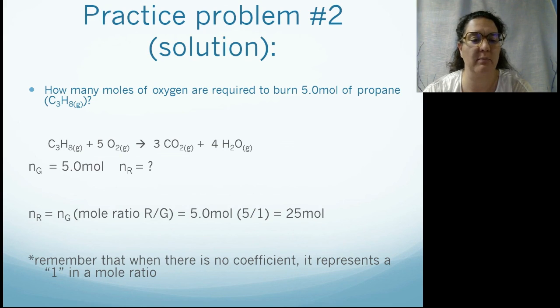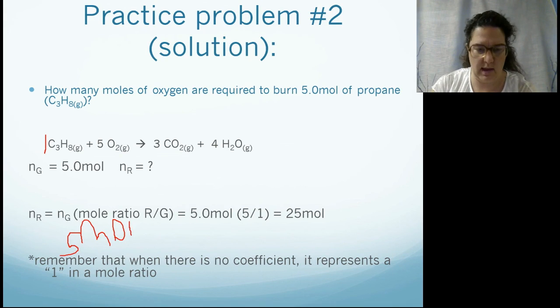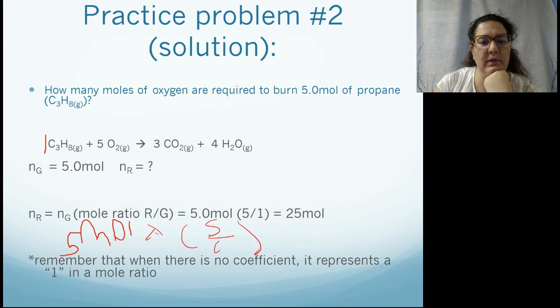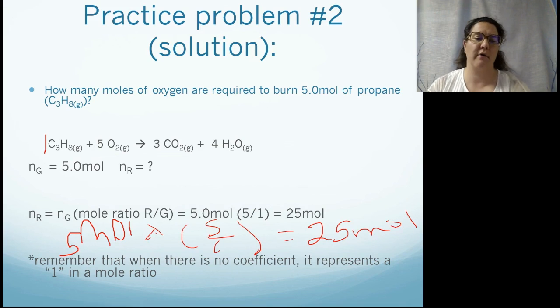So we're going to take our mole ratio, and again, remembering that there's a 1 here, and go 5 moles of propane, and then we're going to multiply this by 5/1. And this gives us a total of 25 moles of oxygen required to burn 5 moles of propane.